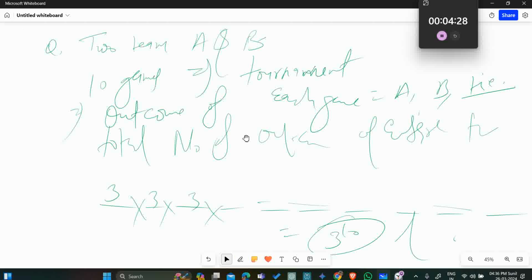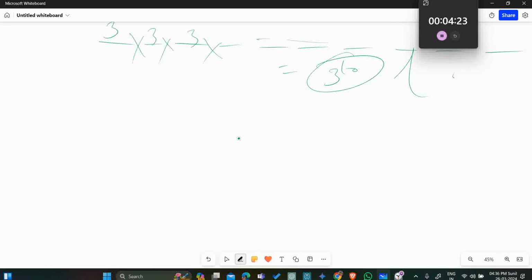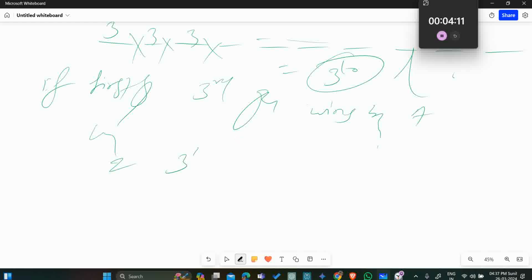And next, if the first and third games are won by A, then there will be 3 to the power 8, because the first and third games have only one possible outcome. This is not very hard.